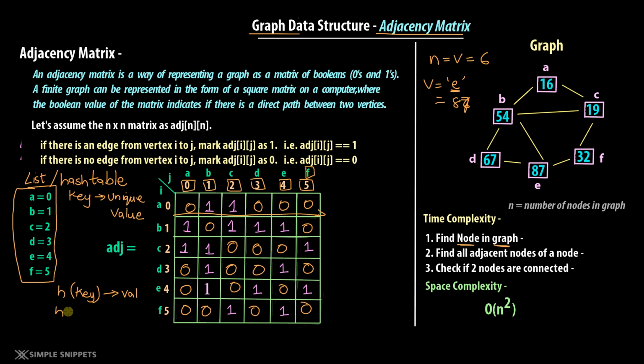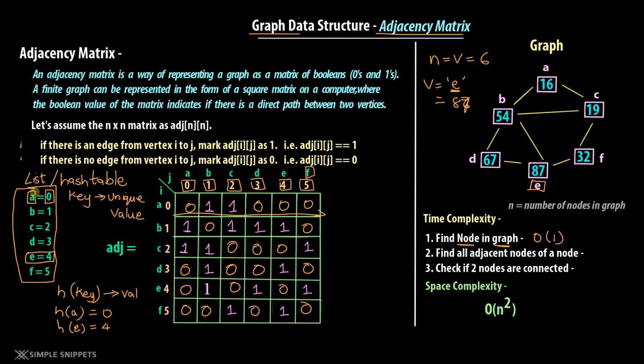When you pass h of A, where A is the name of the vertex, you will get this particular index only. Similarly, since I want to find out E, when I pass h of E, I will get this exact value, which is 4. So if you store all the names of the vertices in this hash table, you can immediately find the particular value in O(1), which is constant time.